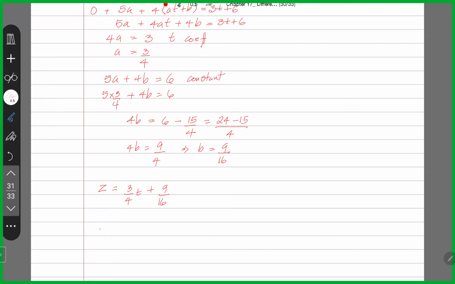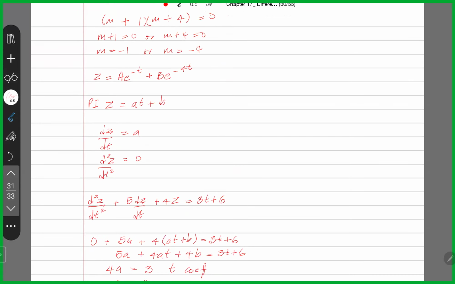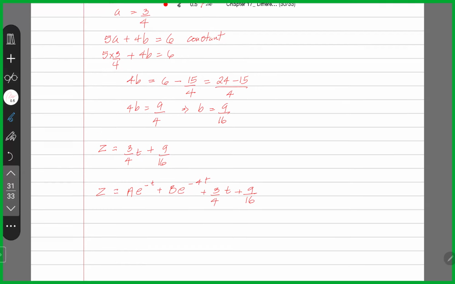And so the general solution is z is equal to a e to the minus t plus b e to the minus 4t plus 3 over 4t plus 9 over 16.